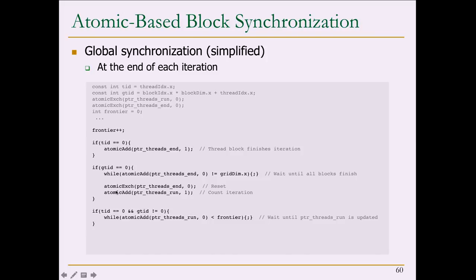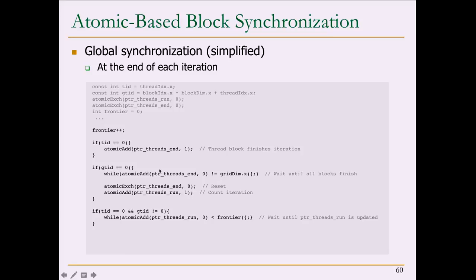And in the meantime, the leader of the entire GPU, which has GTID equals 0, waits until all leaders of all the remaining thread blocks have gone through this atomic addition. As soon as they all are there, this gridDim.x is the number of thread blocks.